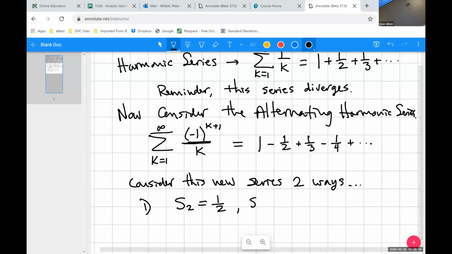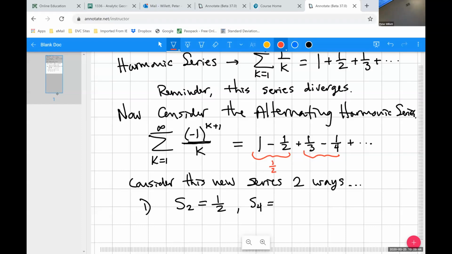Then S sub 4, that's the sum of the first 4 terms. And if you have a finite number of terms, you can add them up in any order. So imagine that I'm adding up these two and these two. That would give me 1/2 for the first 2.